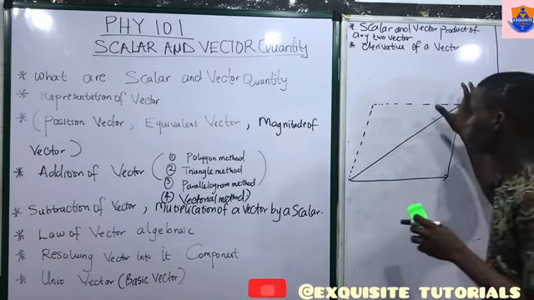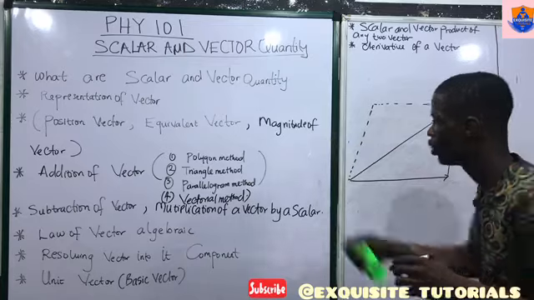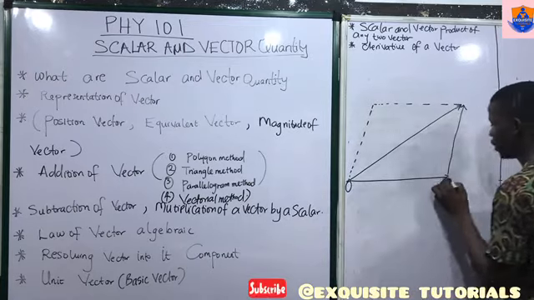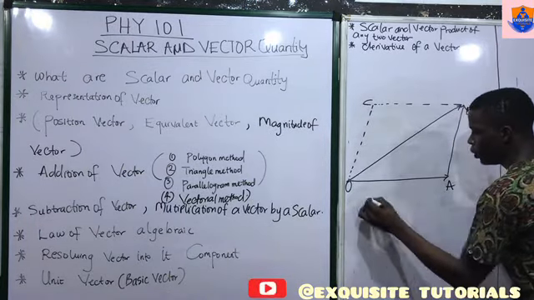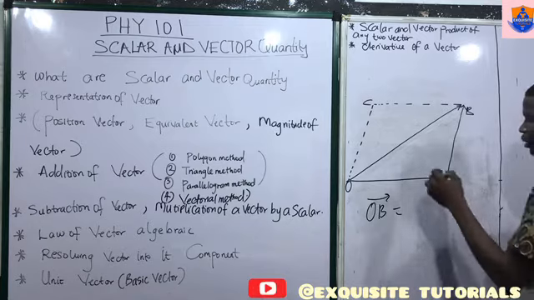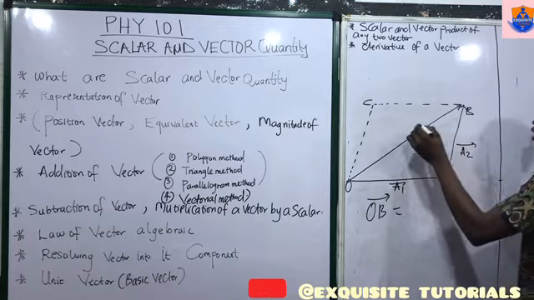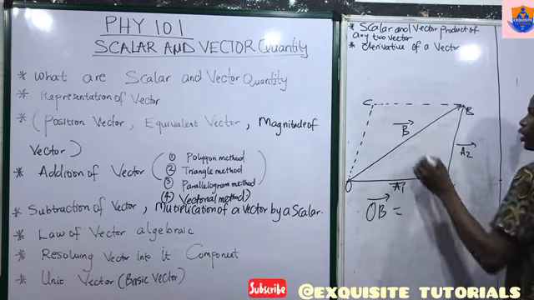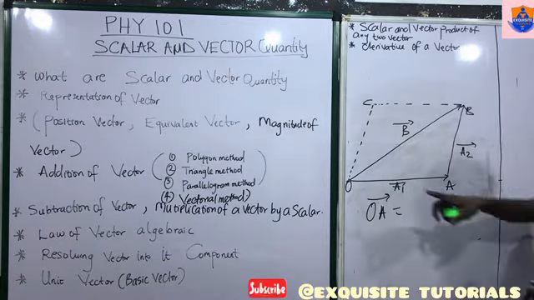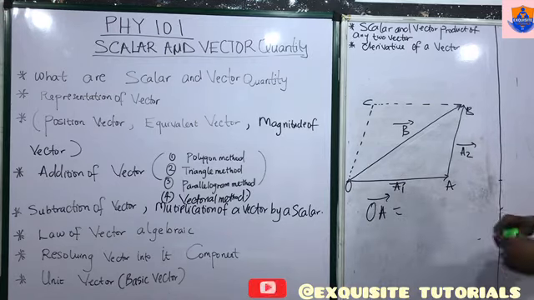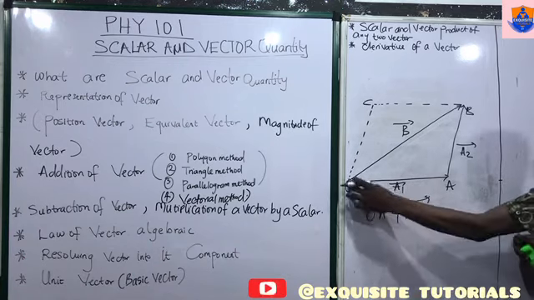According to the normal law of parallelogram, let's assume here is O, here is A, here is B, here is C. Let's call here A1, A2, and here our B. So the vector OA, from O to A, plus our AB will give you the vector OB.